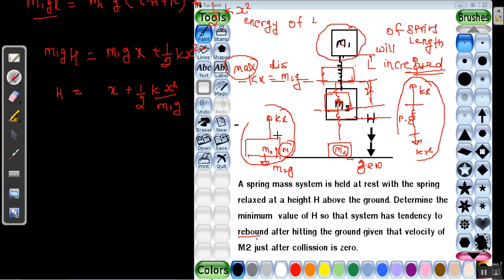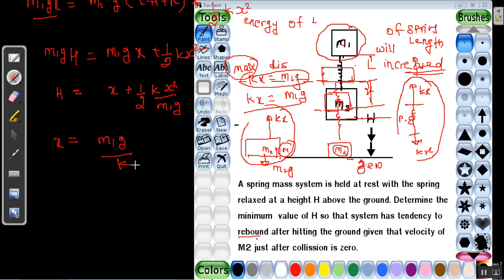Okay, and here I can find what x will be from the equilibrium, so k x is equal to m1 g. So what will be the x? X will be m1 g by k.